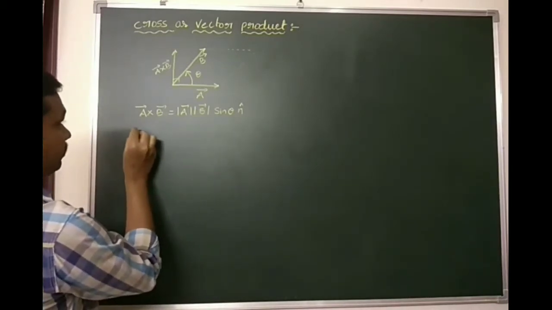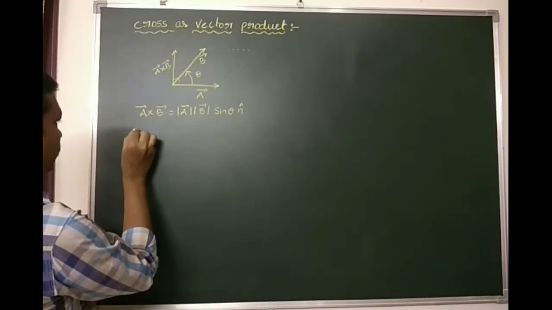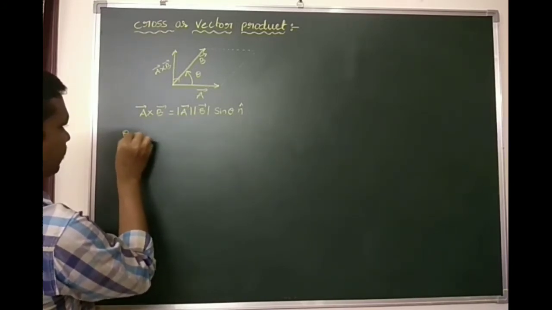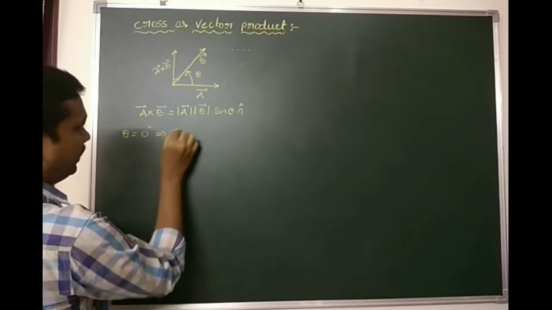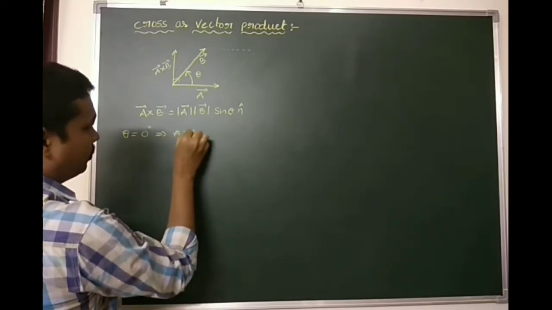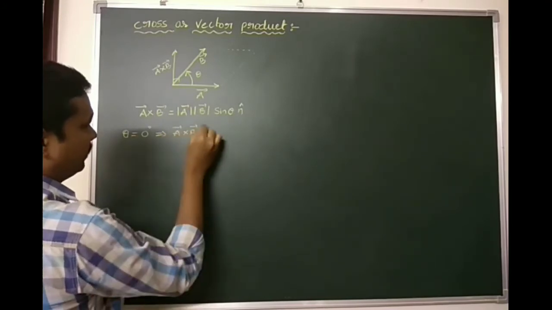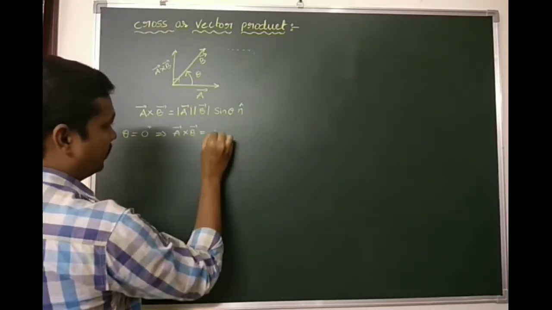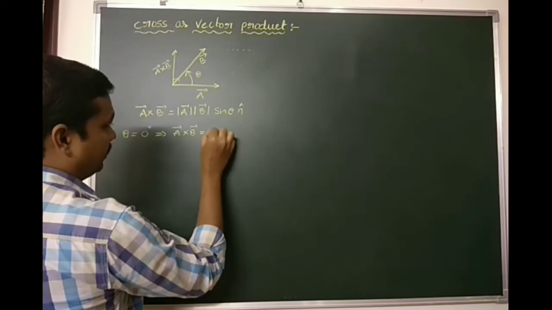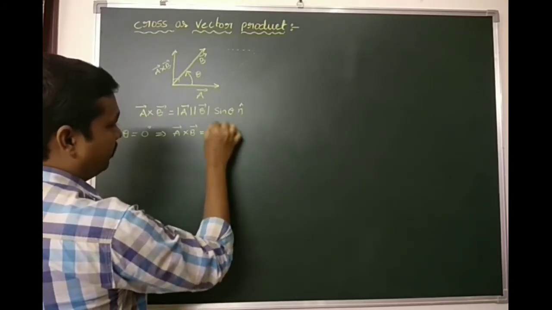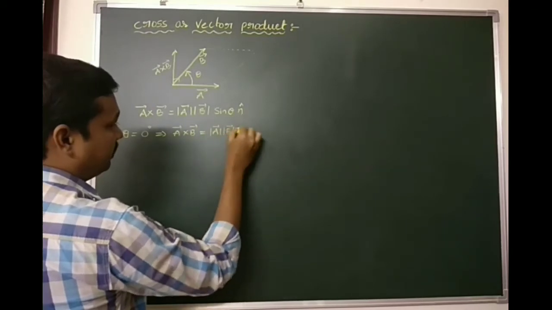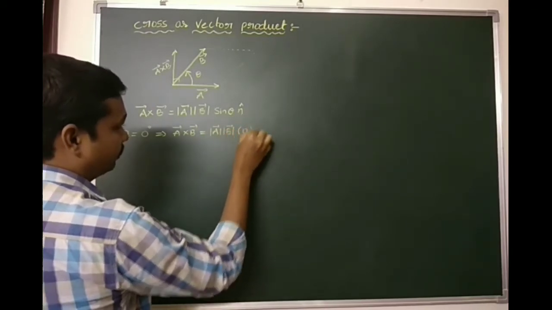Here we can take different cases on the basis of the angle. Theta equals 0 degrees, then what will you get? A cross B equals magnitude of A, magnitude of B, sin 0, and the value of sin 0 is 0.